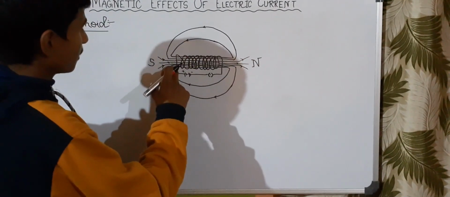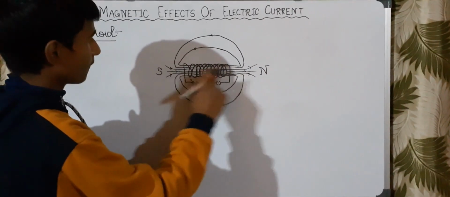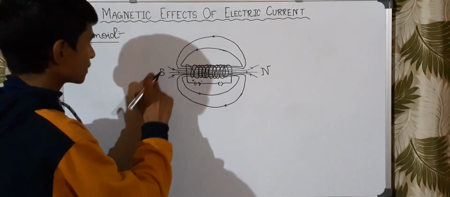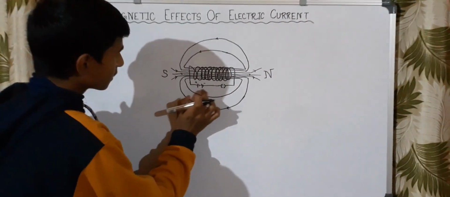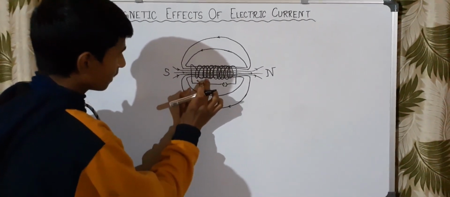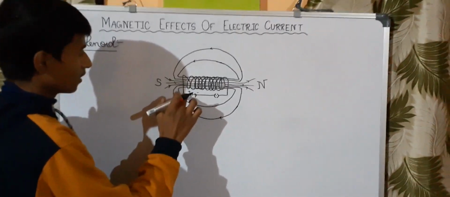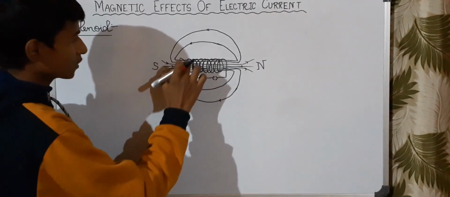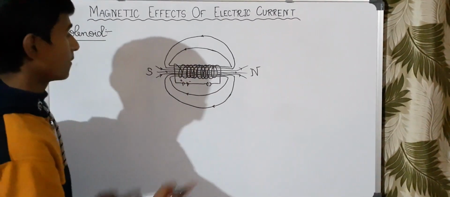It is a solenoid. These are the magnetic field lines produced due to the electric current. It is the south pole and it is the north pole. Here it is the battery, with its positive terminal and this is the negative terminal. When it is switched on, the current flows from the positive terminal through this coil to the negative terminal.